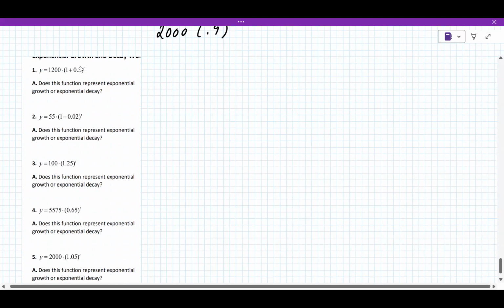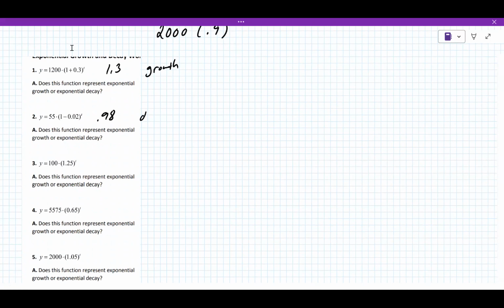If we look at just the number inside parentheses, 1.3, we know that's growth. 0.98 is decay. 1.25 is growth. This is decay. Even if it was like 1.00000001, it's still growth, because it's bigger than 1.